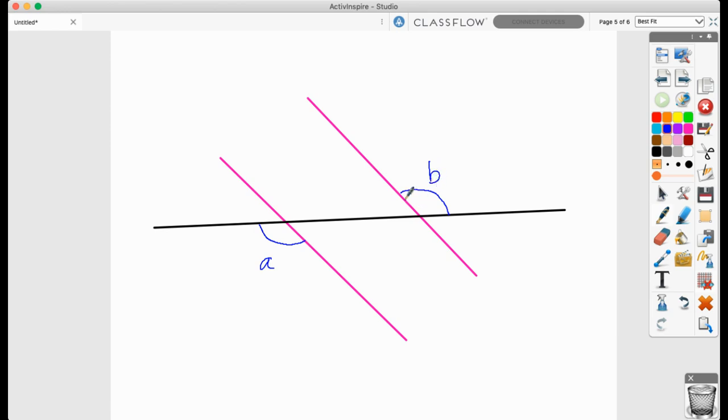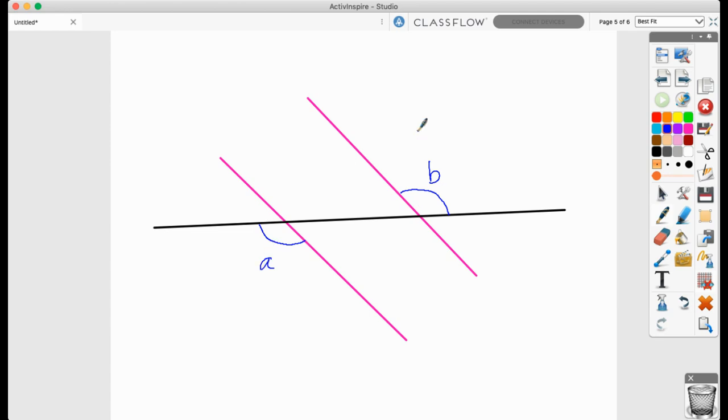Now, if you notice, they're not on the interior anymore. They're not on the inside of the parallel lines. They're on the outside. And so they are considered exterior angles. Now, luckily for us, they're still on opposite sides of the transversal. This one's kind of on the bottom, that one's kind of on the top. So they are still alternate.